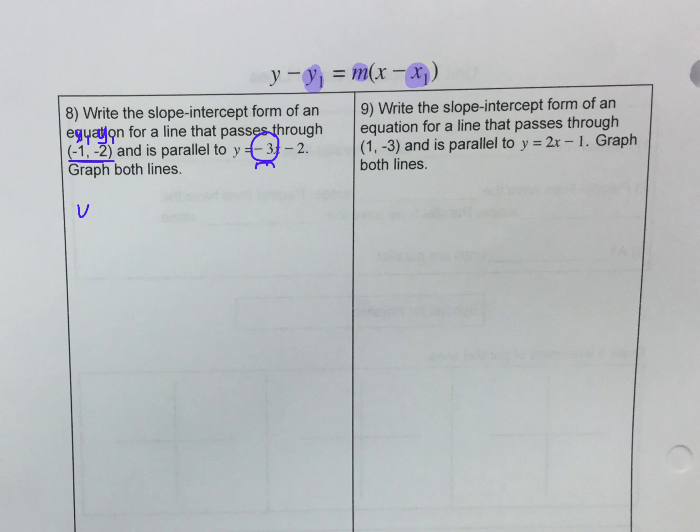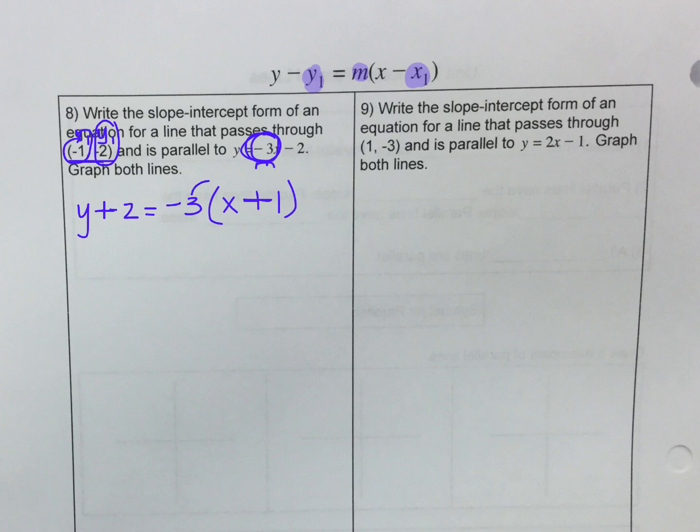So I write y minus y1, which is a negative 2. And remember what we've done in class is we see that minus negative and make it a plus. Equals m, we know is a negative 3 right here, times x minus negative 1. Again, 2 negatives make a positive.